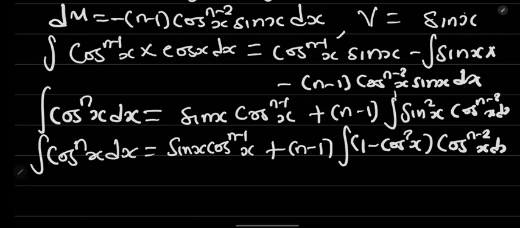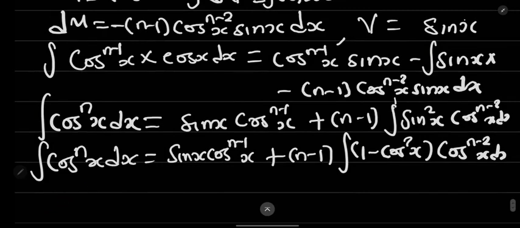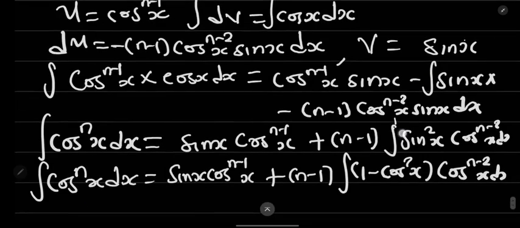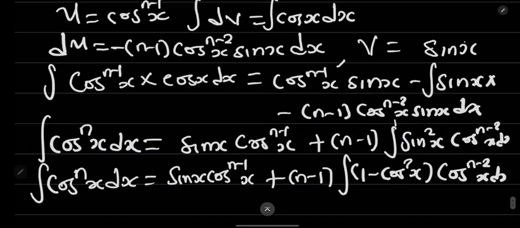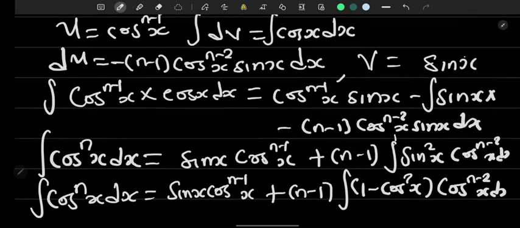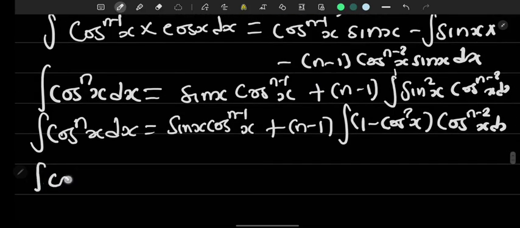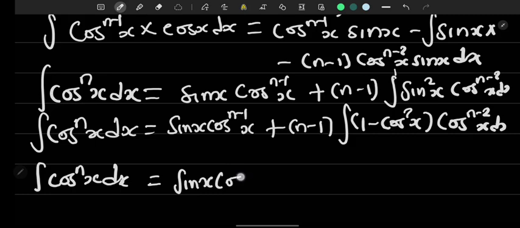Okay, from here, the integral of cos^n x dx equals sine x cos^(n-1) x plus n minus 1 times the integral of, so use cos^(n-2) x to expand the bracket.